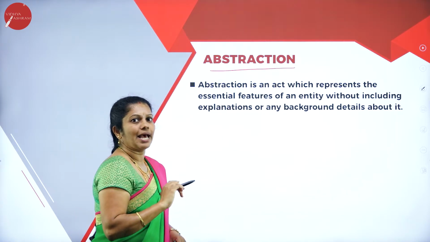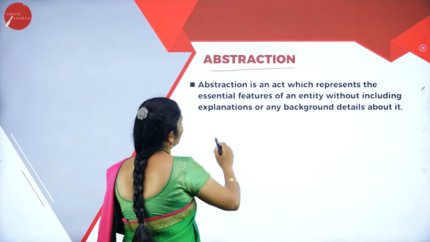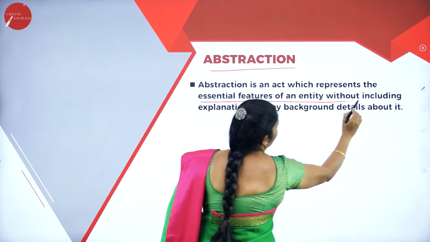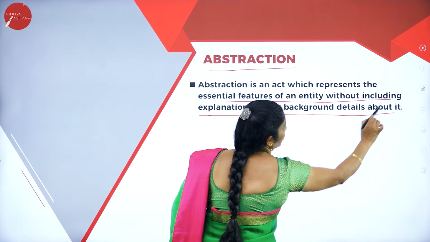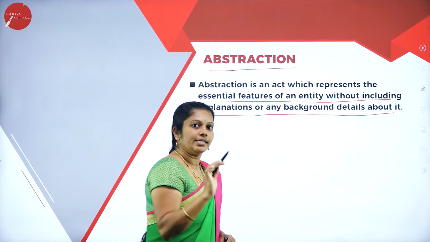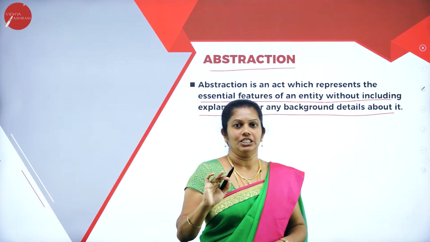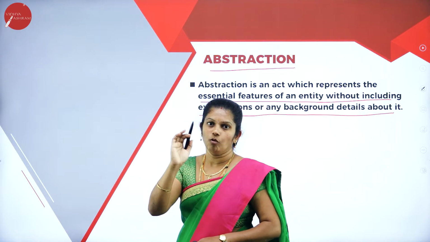What do we mean by abstraction? Abstraction is an act which represents the essential features of an entity without including the explanation or any background details about it. It means considering only the essential features without considering the background details. For example, mobile.